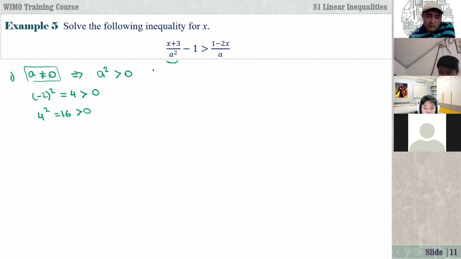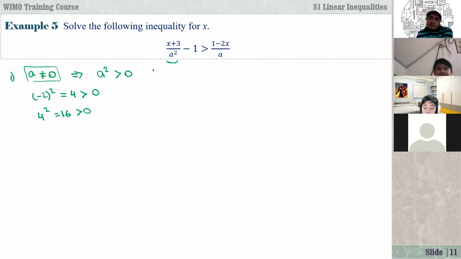But if I know that number is not equal to 0, that means the result is always positive. -2 times -2, 4. -3 times -3, 9. -5 times -5, 25. 2 times 2, 4. 5 times 5, 25. In each case, the resulting number is greater than 0.